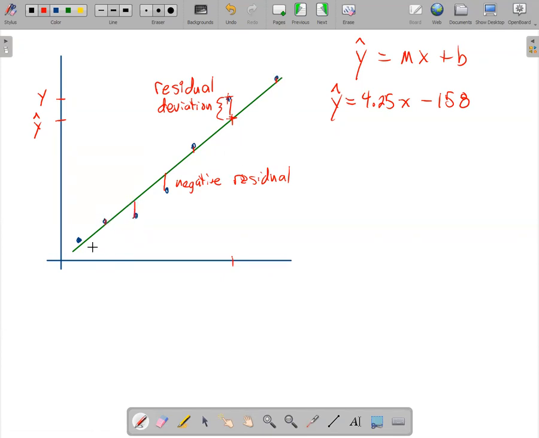Here I have a small positive residual, another small positive residual. What the linear regression line calculation attempts to do is minimize the lengths of these residuals overall. Okay, it minimizes those residual distances there. This line has the smallest possible set of residuals, is what happens.